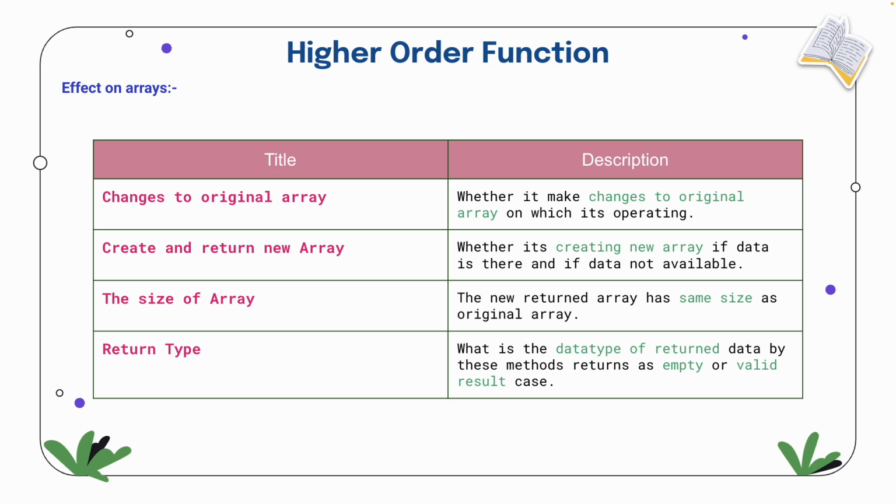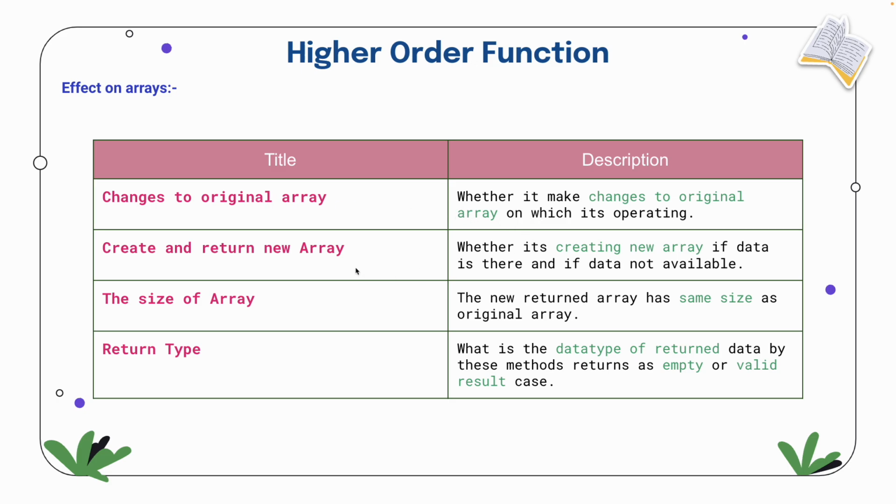Let's suppose you have one array, and in that array we are going to apply higher order functions. Once we apply higher order functions to that array, what happens to the original array value? We are going to check for all the higher order functions whether the original array is going to change.